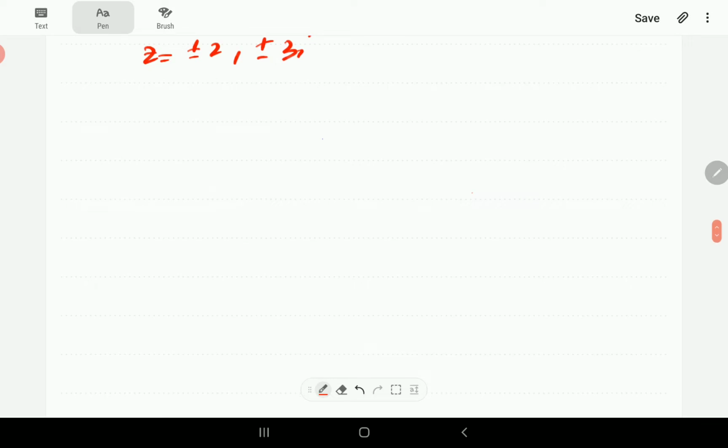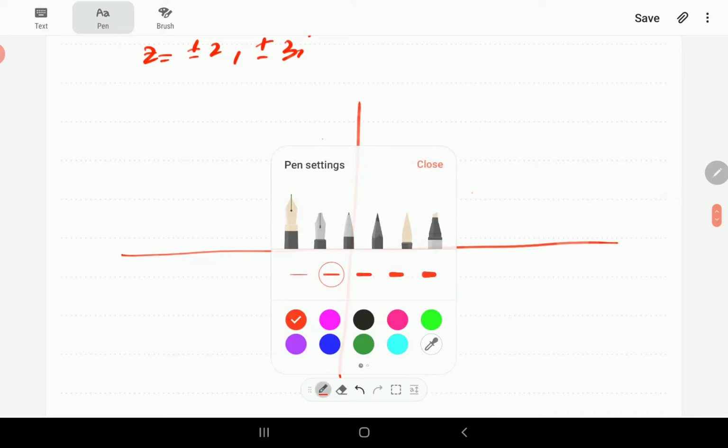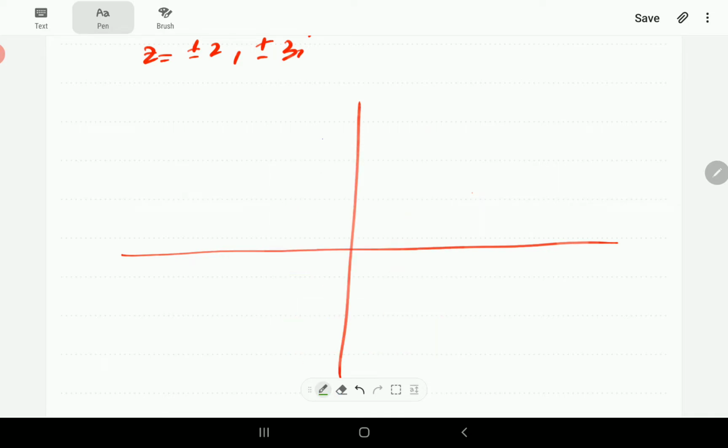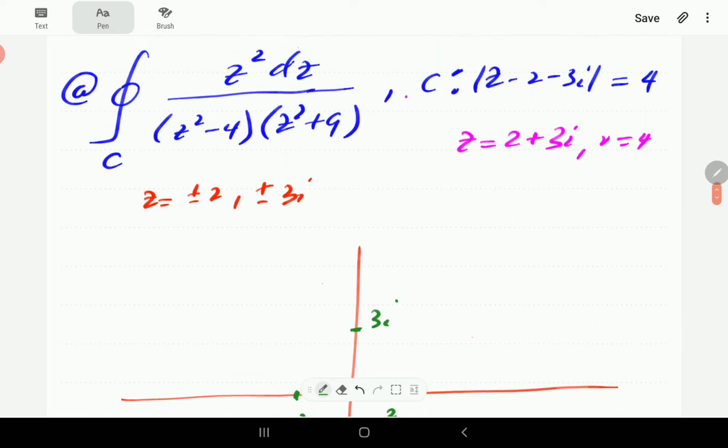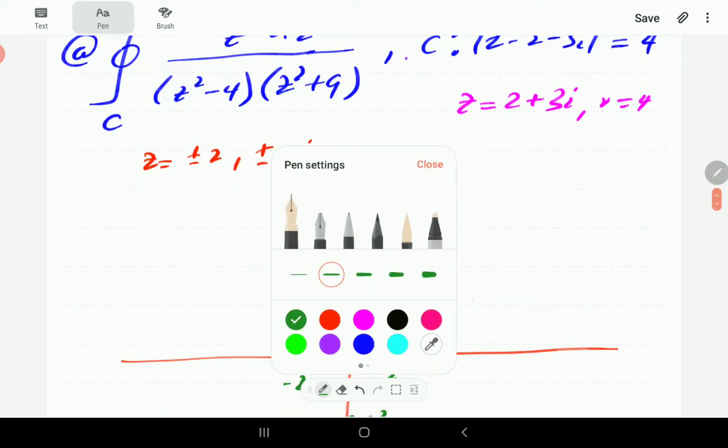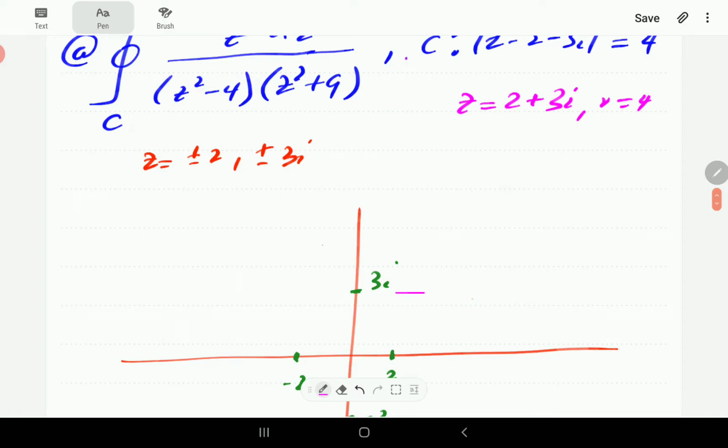So let's just make a sketch of how this is going to look. We have got singularities at 2, minus 2, and then 3i, minus 3i, and then the contour is centered at 2, 3i.